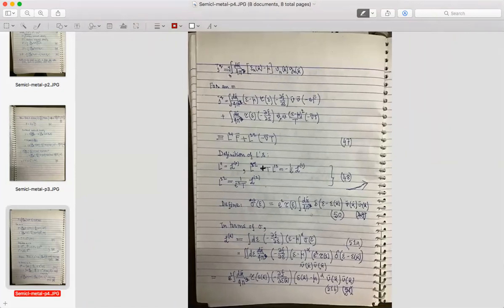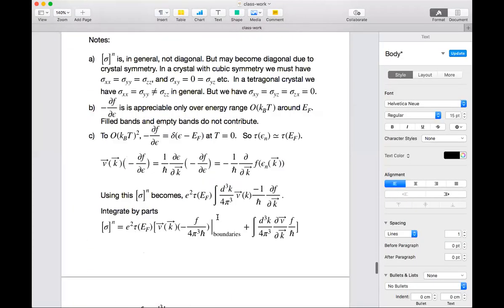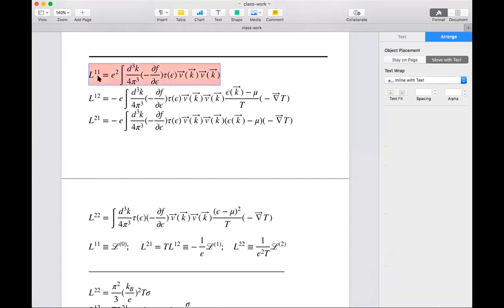L21, which is T times L12. I have written these once again here. So this was L11, del F del epsilon tau and two factors of V. This is L12, which was del F del epsilon tau, two factors of V along with this.